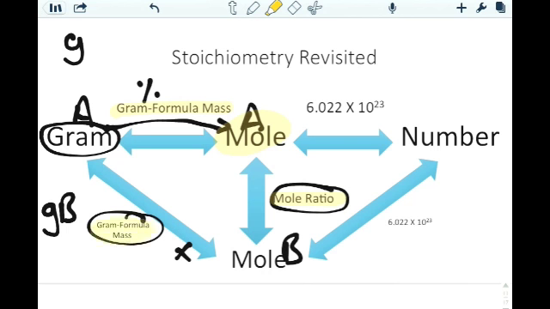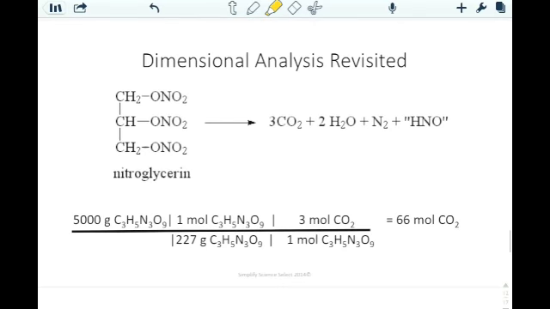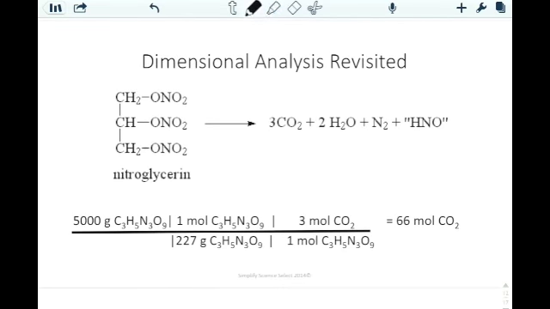Anytime I go from grams to moles or from moles to grams, I need that gram formula mass. And then we can always use Avogadro's number to figure out how many atoms or how many molecules we have.